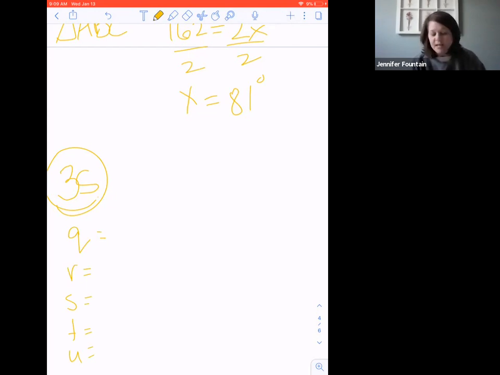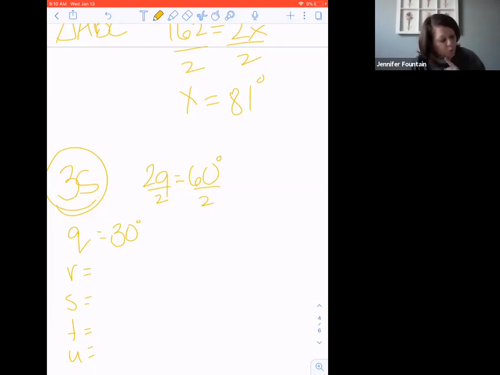On Q, it's telling me that that whole entire angle is 60 degrees. So that means that for Q, I know that 2 times Q equals 60 degrees. So divide by 2, and Q is going to be 30 degrees. For R, remember, I guess they haven't done all these points.